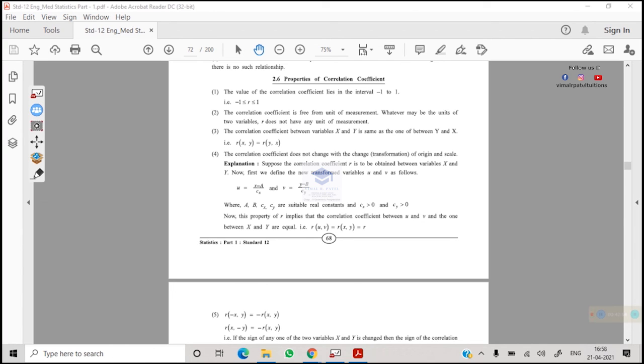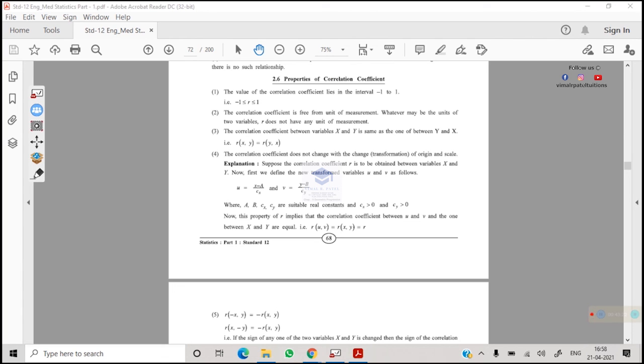So its value will always be between these two numbers. The correlation coefficient is free from any unit of measure. So if the value of correlation is 0.8, you do not have to add kg, liter, meter, gram. It is not related to any unit. It is an absolute measure, free from unit. It's just a number.